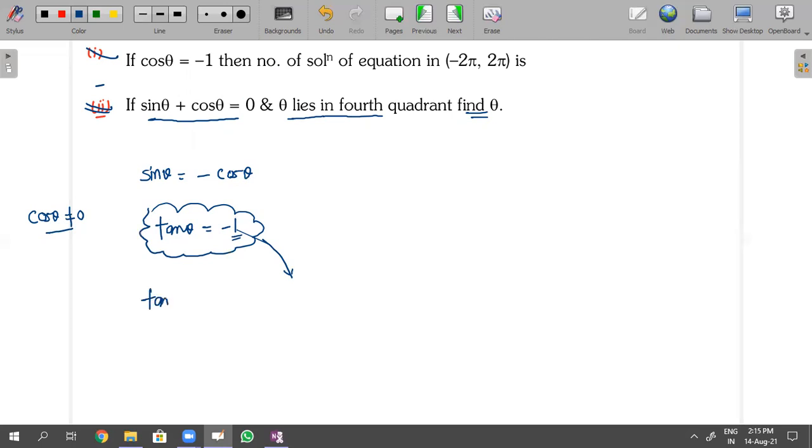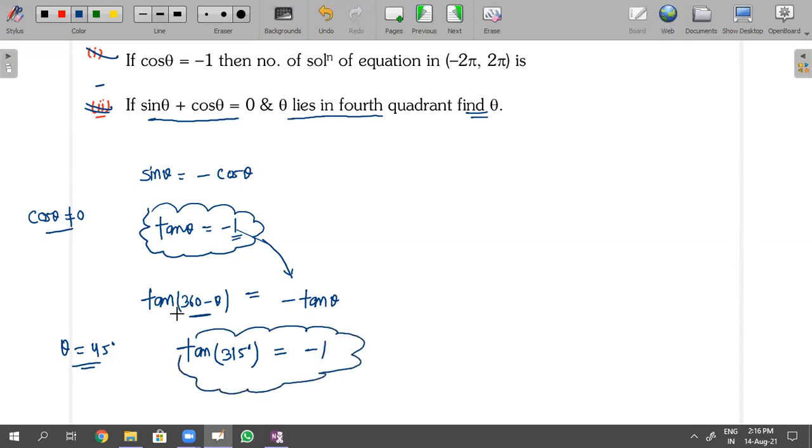So 360 minus theta will give you that opportunity, since tan 360 minus theta equals negative tan theta due to its position in quadrant number 4. Now, the moment you substitute theta with 45 degrees, you end up getting the corresponding theta in quadrant number 4, and it is nothing but 315 degrees. So tan 315 degrees will give you the result equal to negative 1.